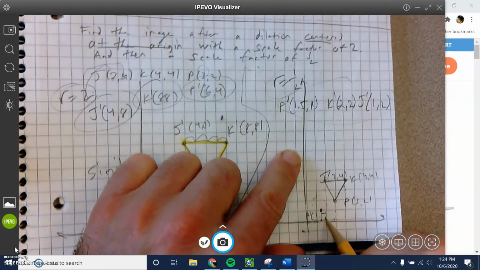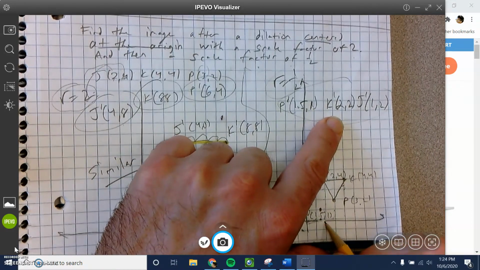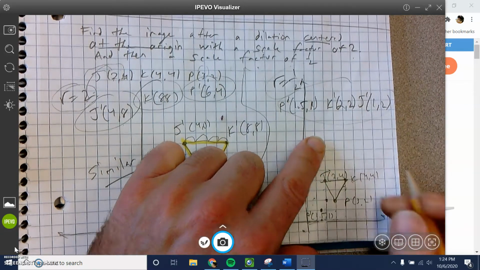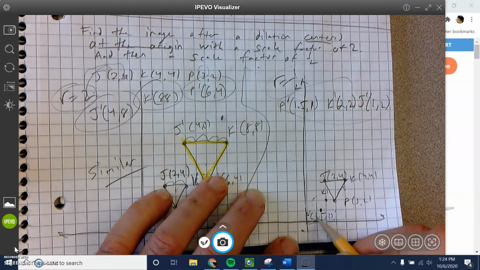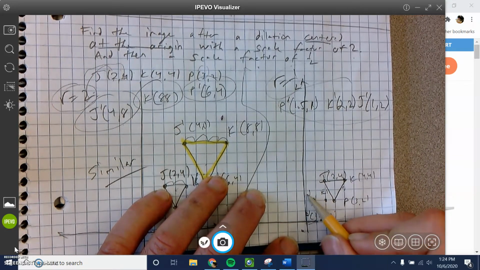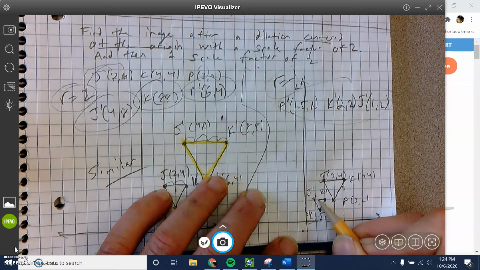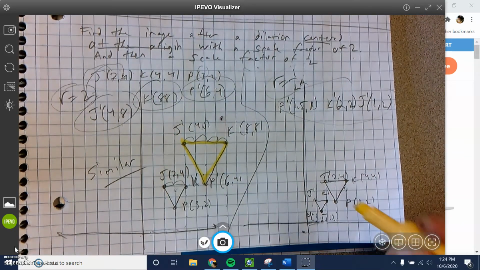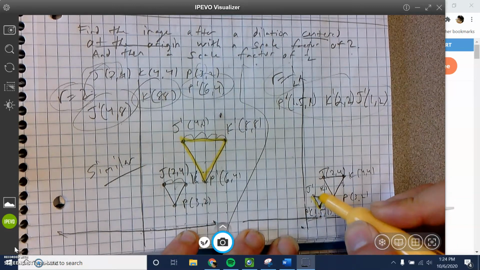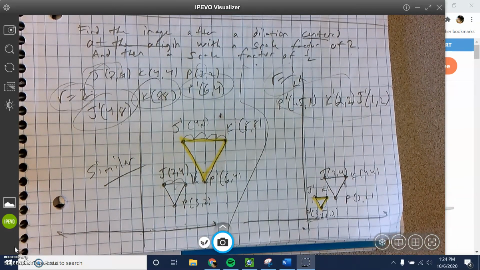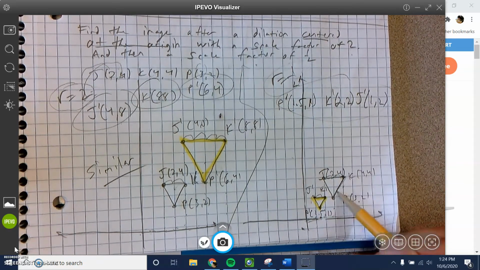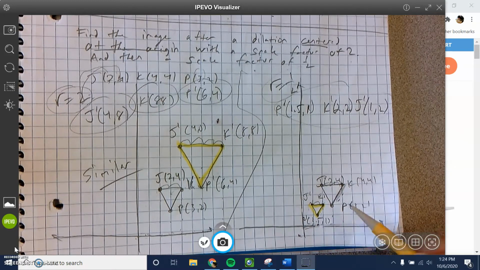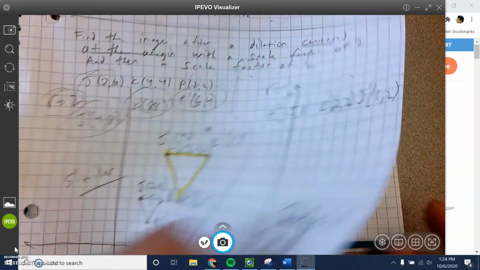P prime is 1.5 and 1, K prime is 2, 2, and J prime is 1, 2. There you go. Connect the dots. And here is your image, which is twice as small. Like this side is 2, and half of 2, this side is 1. And whatever this side is, half the corresponding side. Got it. Cool.